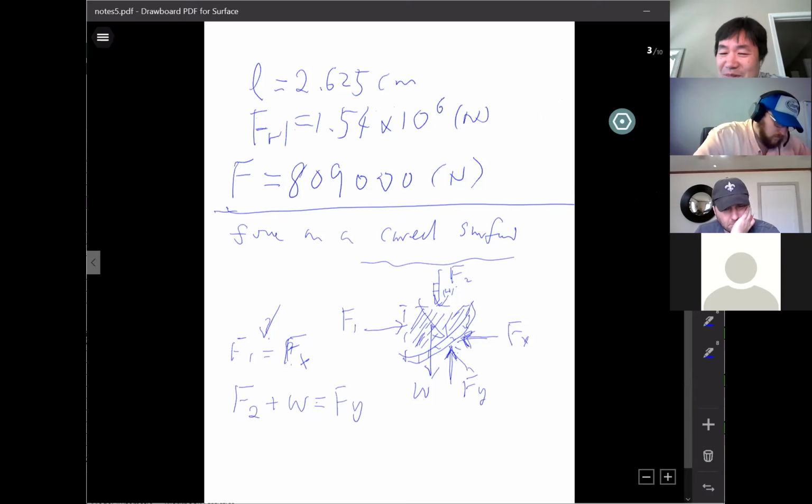Can you find W? I think you can. How do you find F2? It's a horizontal plane. What is the force on a horizontal plane?